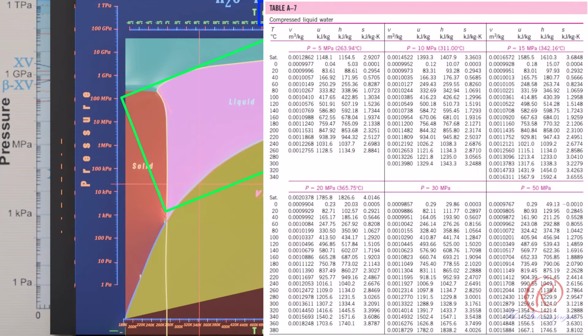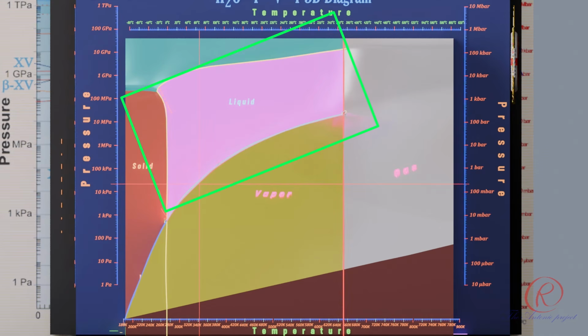Compressed liquid water table, also called a subcooled water table, gives the thermodynamic properties of water when it exists as a liquid at a temperature below its saturation temperature at a given pressure.